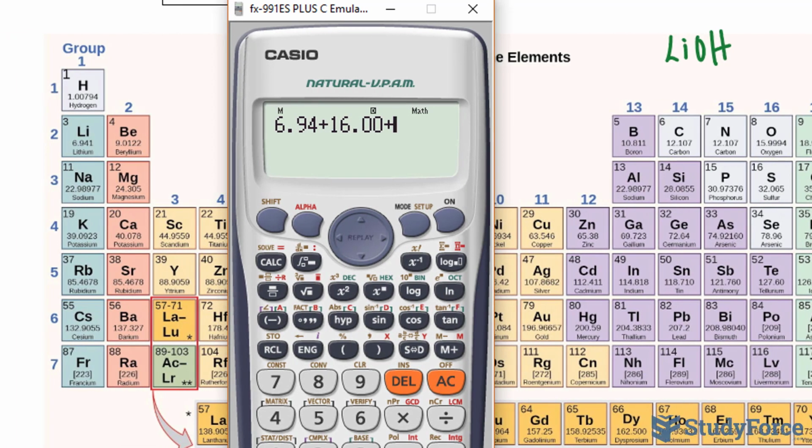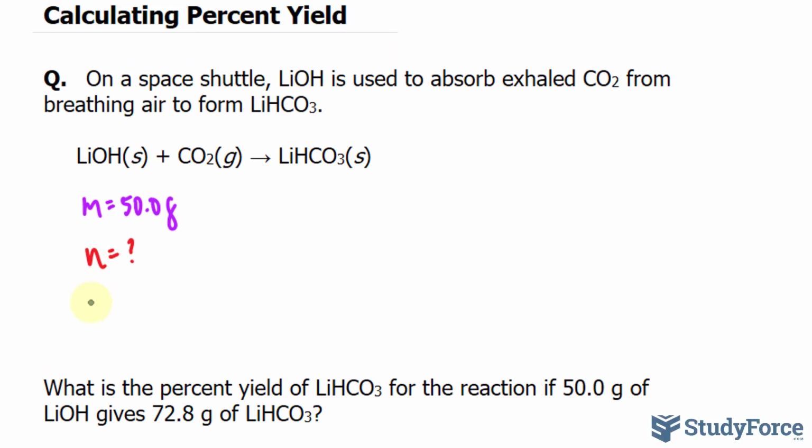Plus, one hydrogen is 1.01. Adding this up, we end up with a molar mass of 23.95. Let me write that down. The molar mass is 23.95 grams per mole.